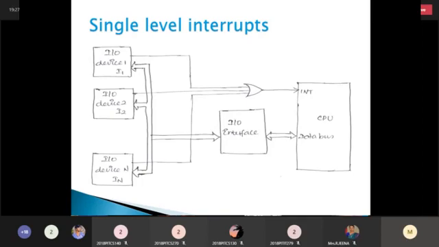Okay, using one diagram, we are explaining the single level interrupt. As I said previously, if many input or output devices send requests, they will be connected to the single interrupt pin.